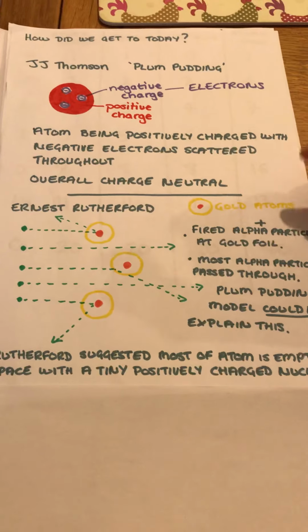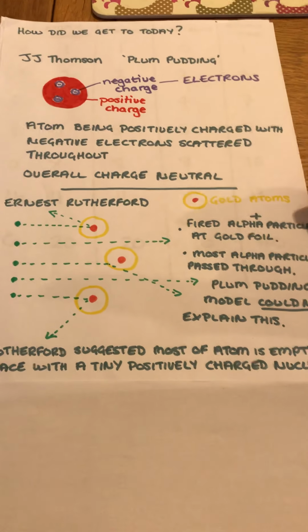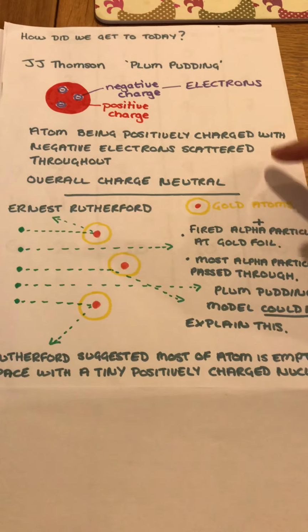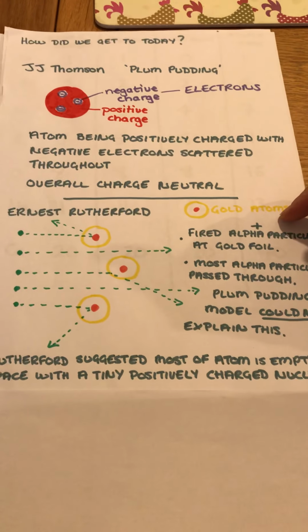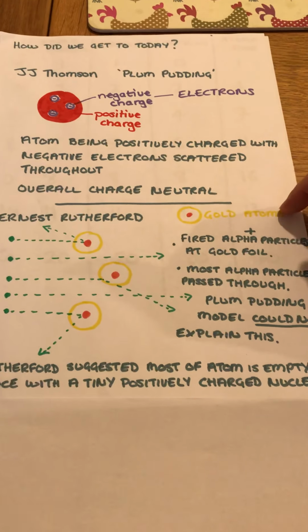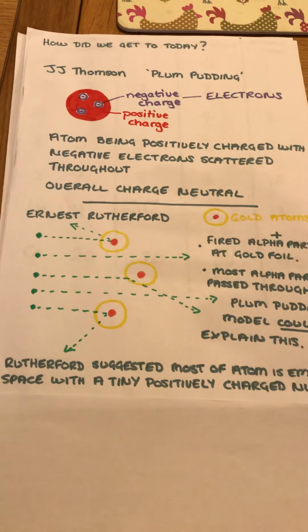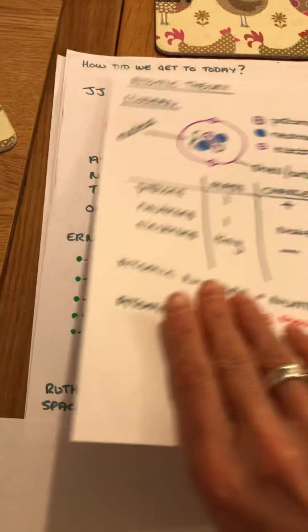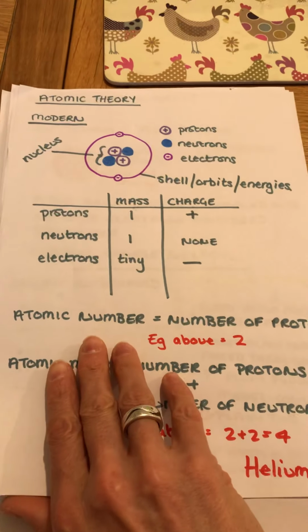Then as technological developments occur, different people look at things from different angles, and they come up with an experiment which disproves an earlier model and puts forward a new model, and this is how models develop.